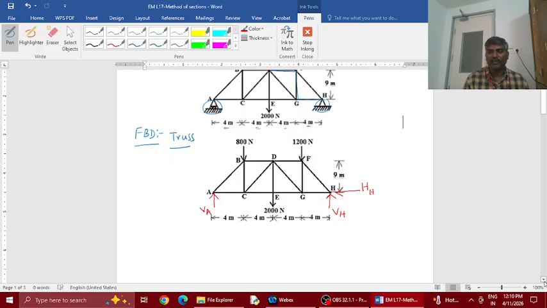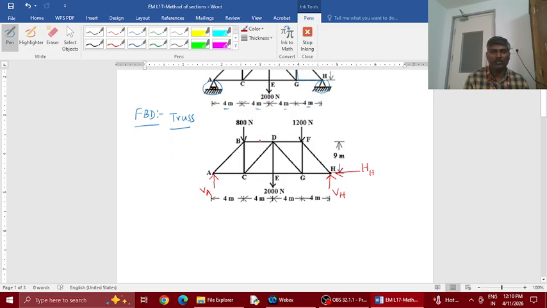Now you see, if you treat this as a body, all these forces are of general case of force system. So they are not concurrent, they are not collinear, right?